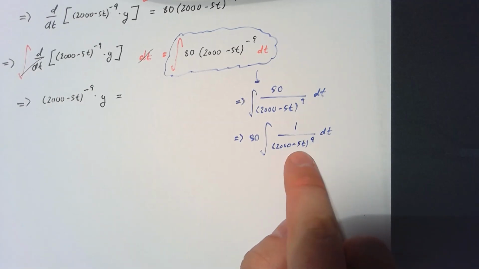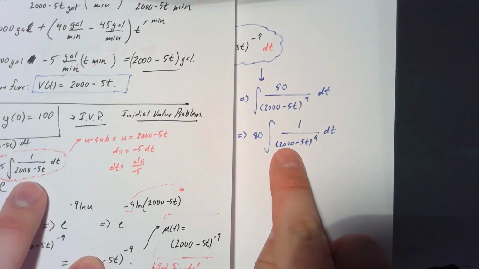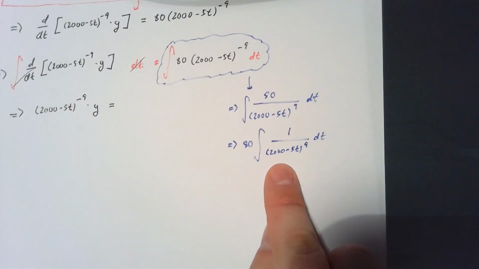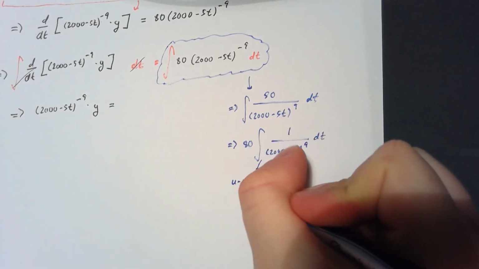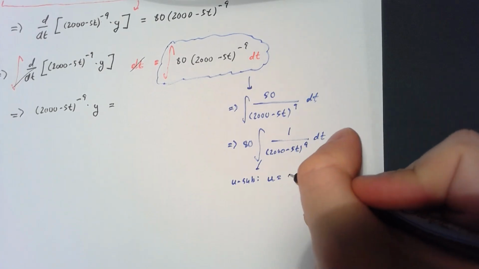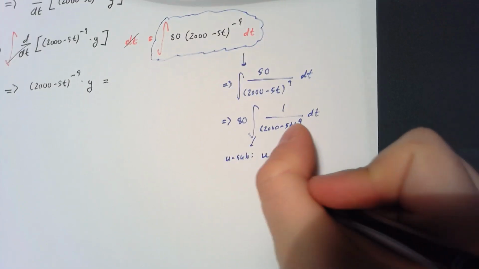We kind of did this already, over here, but this is to the 9th, so you just go U sub. You just let U equal 2000 minus 5t again, which we did already.